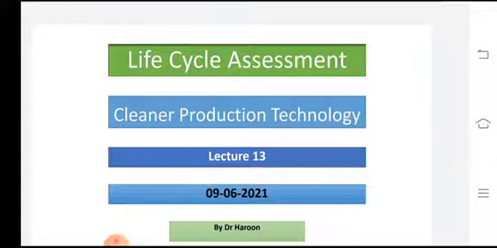We are now studying the ISO series, and we are also focusing on how different kinds of procedures and documentation are implemented in order to achieve specific certifications.